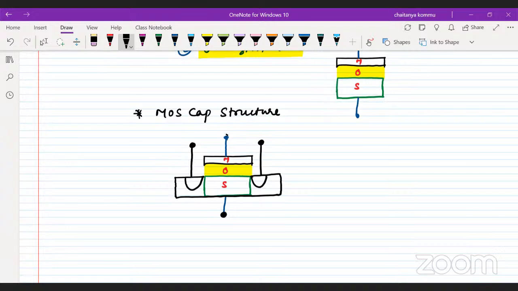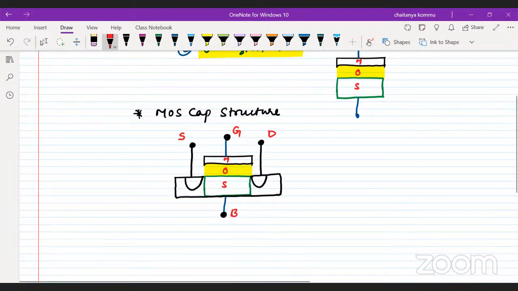We have already given names: this is the source, this is the gate, this is the drain, and this is called the substrate or bulk, B for bulk. So this is the structure that we created previously.